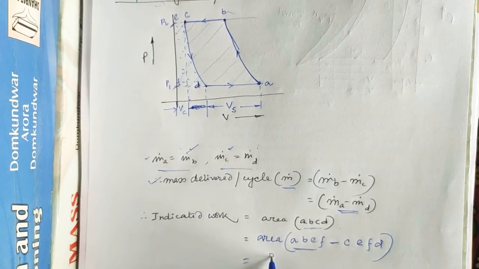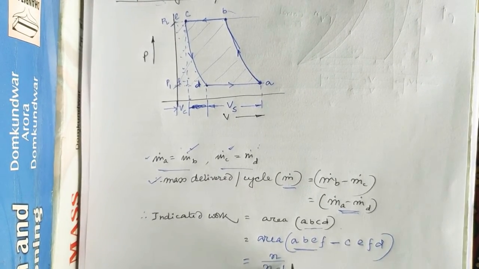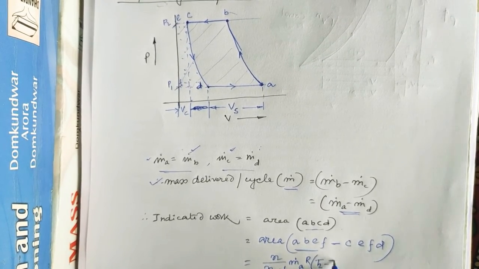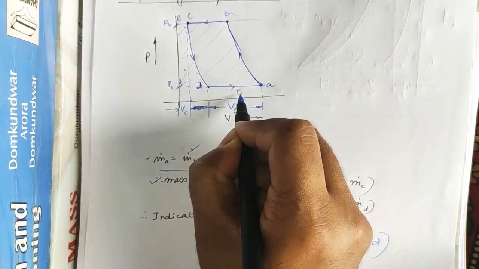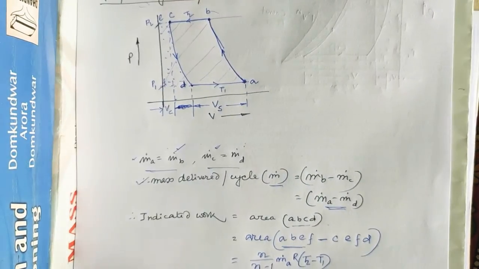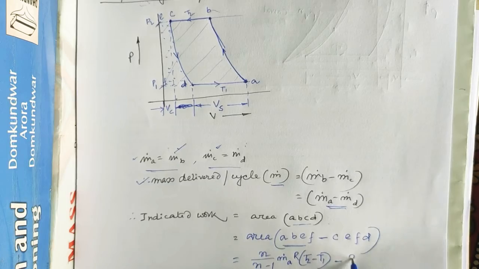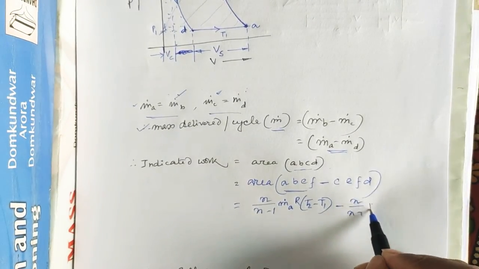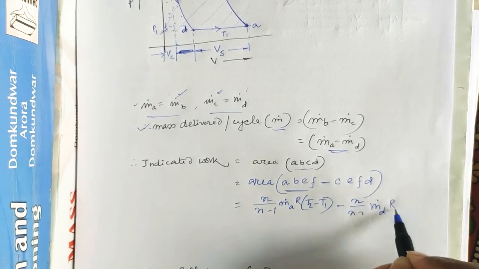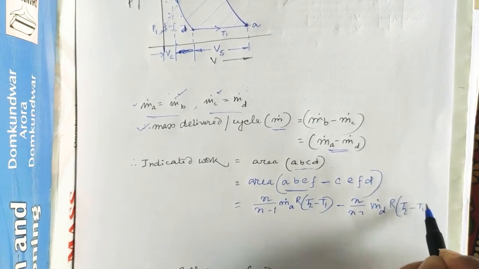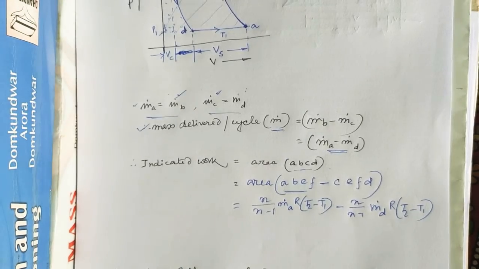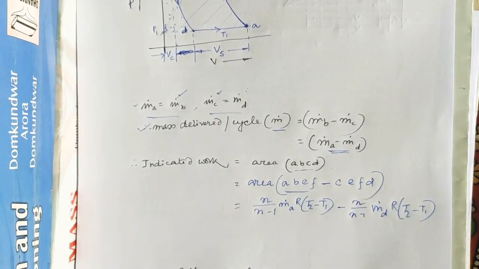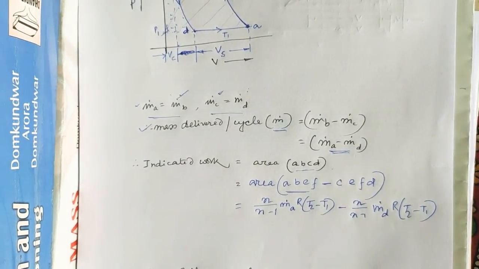So this total minus this portion will give you the indicated work per cycle. For area AEBF we can write it will be n by n minus 1 m dot A into R into T2 minus T1, where T1 is this one, T2 is over here, minus n by n minus 1 m dot D R into T2 minus T1. The derivation of this has already been discussed in the last class.